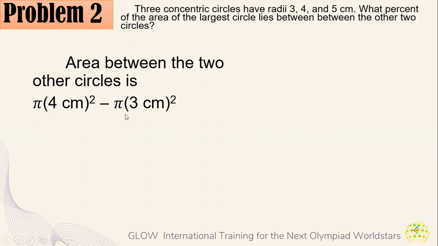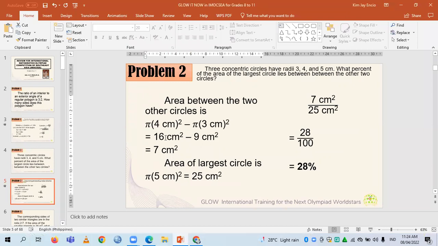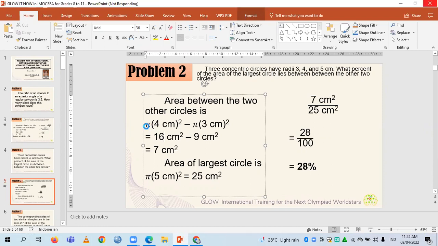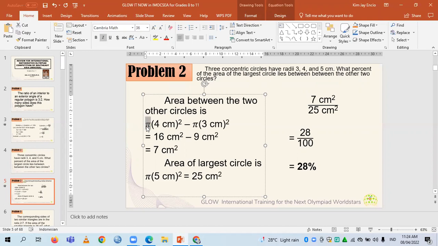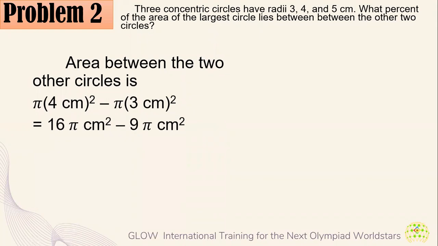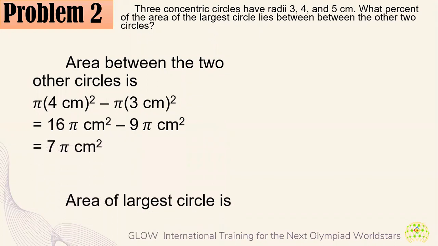And the area of a circle with radius 3 cm is pi times 3 cm squared. So that gives you 16 pi cm squared and 9 pi. We have 16 pi cm squared minus 9 pi cm squared, which is 7 pi cm squared, the area between the two circles with radii 4 and 3 cm.